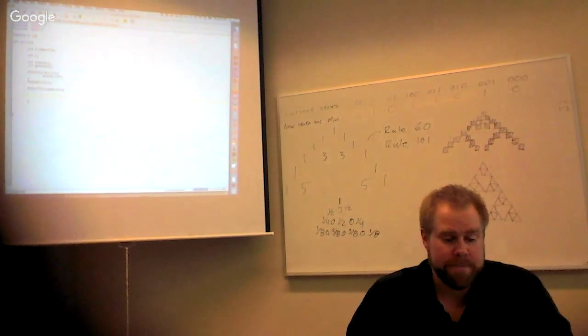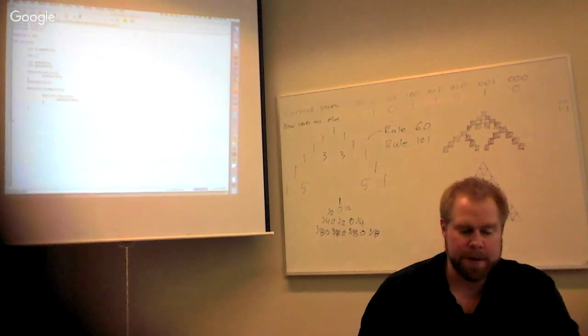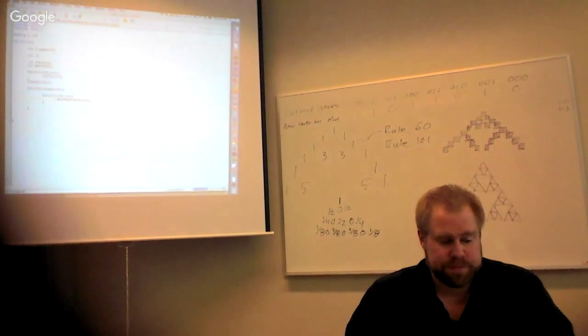Copy. Yeah. So let's copy this little loop here and say P state at i equals state at i. And then we want to loop over the cells and make our little decisions.